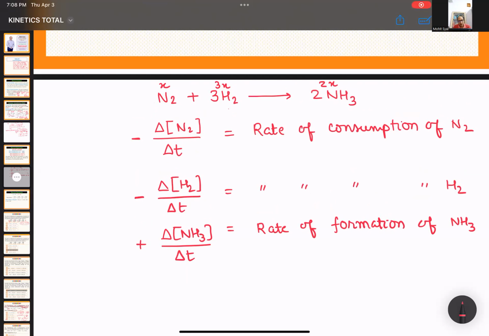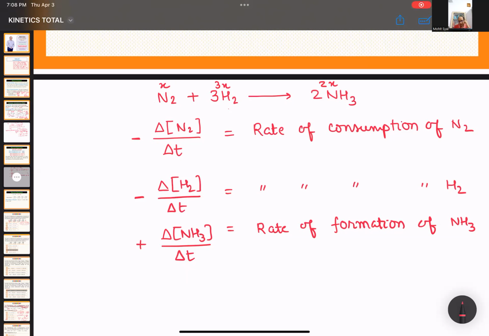If the coefficient is more, it is being consumed more rapidly. If the coefficient is smaller in the balanced chemical equation, it is going to get consumed slowly. So they are not same.